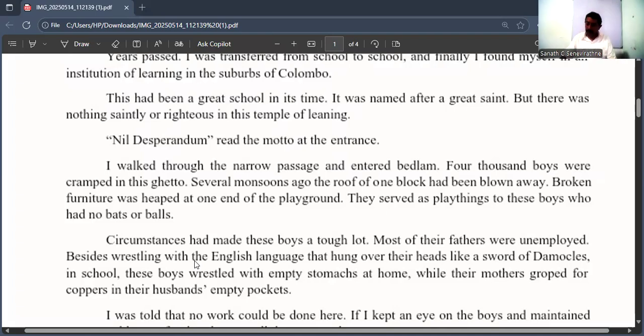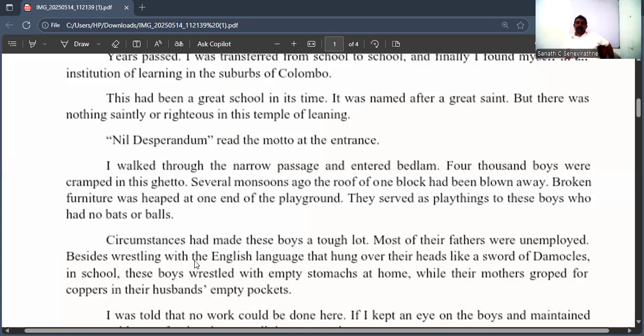Then we come to know why the writer does not mention the name of the Colombo school.